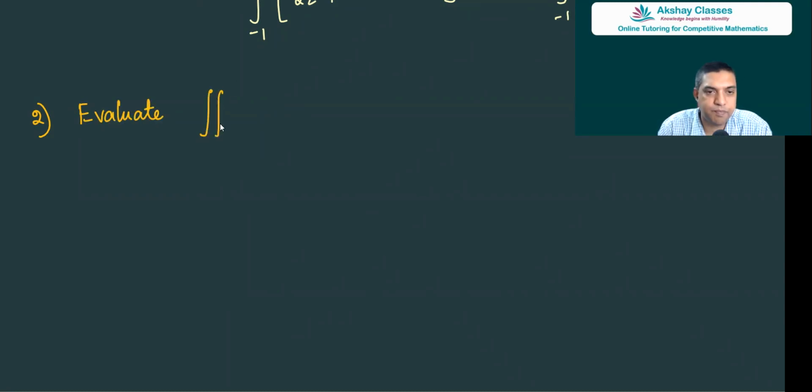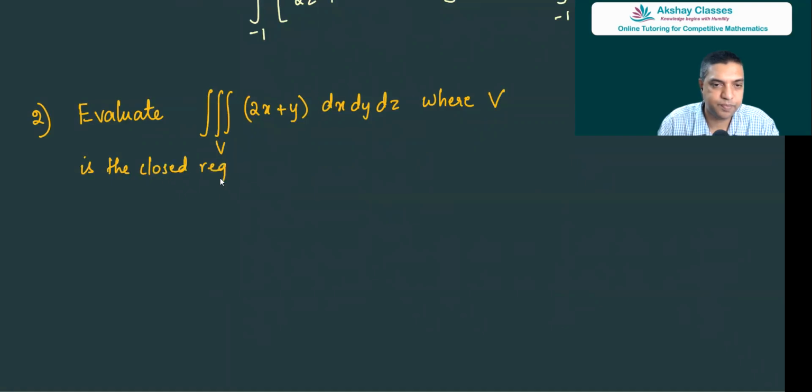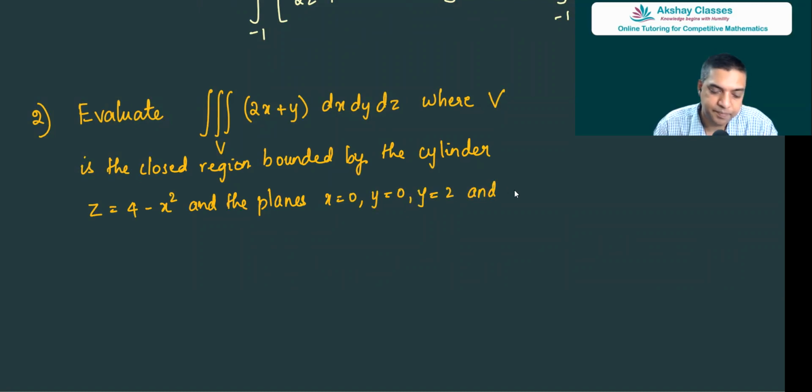Evaluate triple integral 2x plus y dx dy dz, where V is the closed region bounded by the cylinder z is equal to 4 minus x square and the planes x equal to 0, y equal to 0, y equal to 2, and z equal to 0.